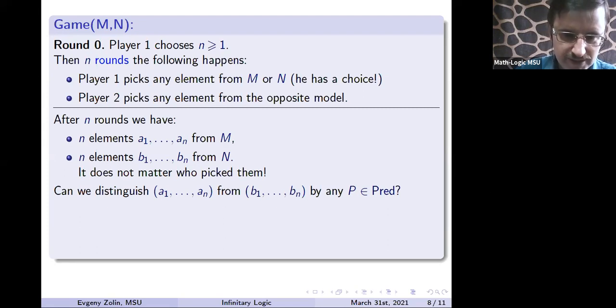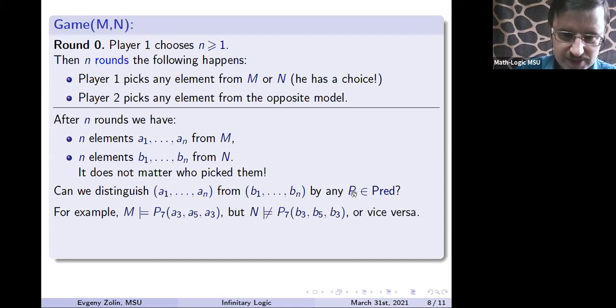What does it mean? For example, we take some symbol P7. For example, it is a ternary predicate symbol. It takes 3 arguments. And then we apply it in all possible ways to the elements from the first model, to these elements A1 and so on. And similarly, we apply it to the elements of the second model.